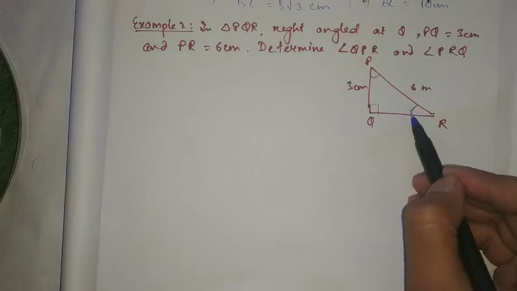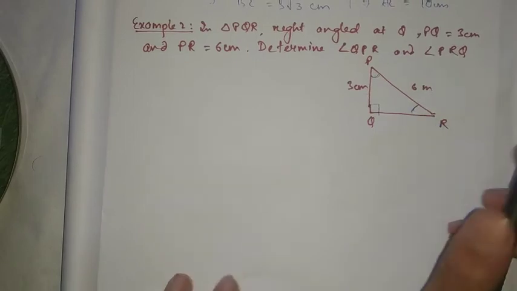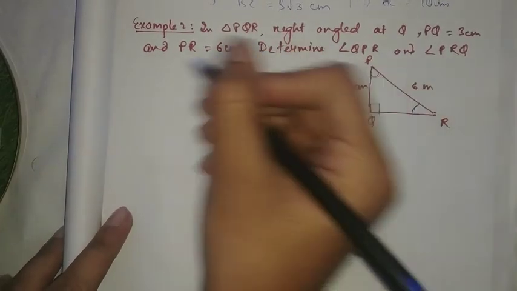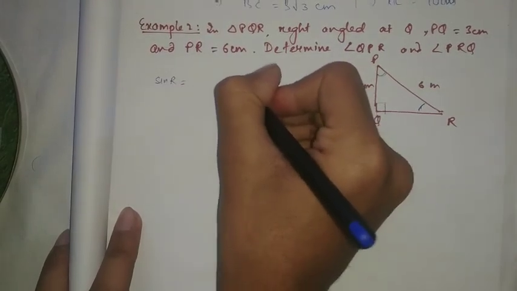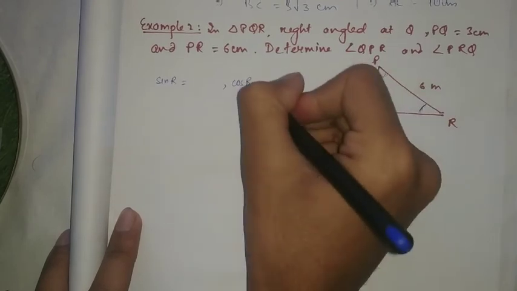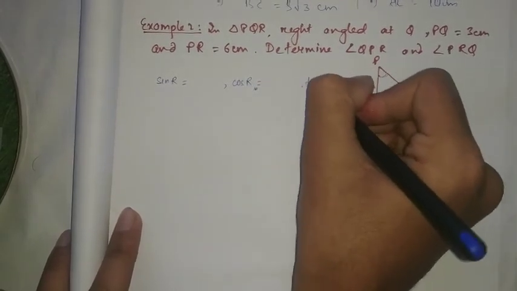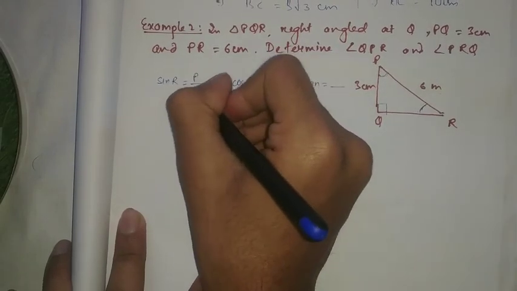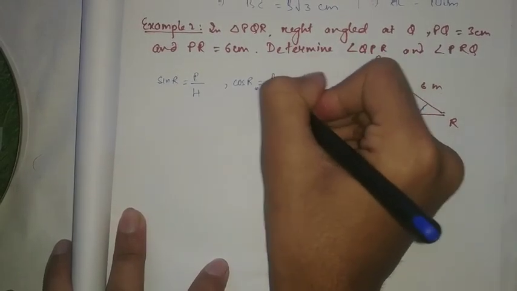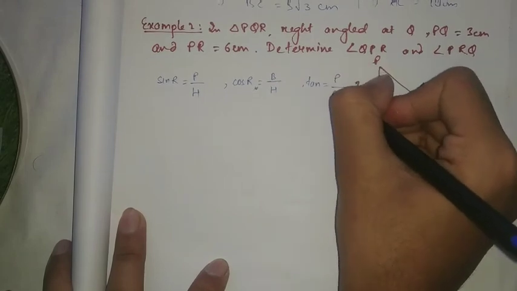First, let's determine angle R. There can be three cases. We can use three trigonometric ratios, either sine of R, cos of R or tan of R. They are perpendicular by hypotenuse, base by hypotenuse, and perpendicular by base.